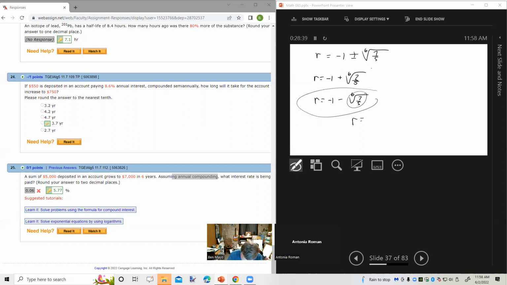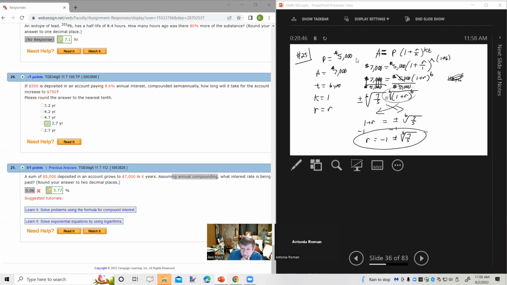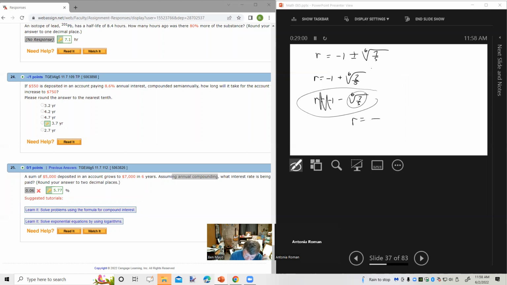So you're going to get an r that's a negative number. Well, since we started with $5,000 and we increased it to $7,000, the rate can't be negative, otherwise it would get smaller. Correct. Now, the reason I'm going through all that thinking is so I don't have to mess with calculating that. It probably would have been less time to calculate it, but just kind of see why I can throw that out.